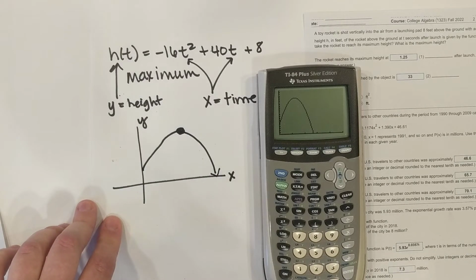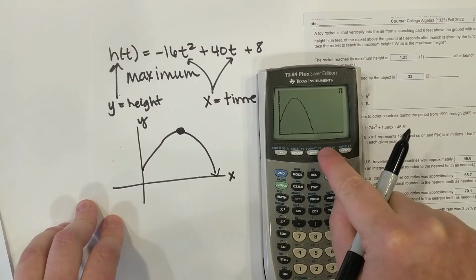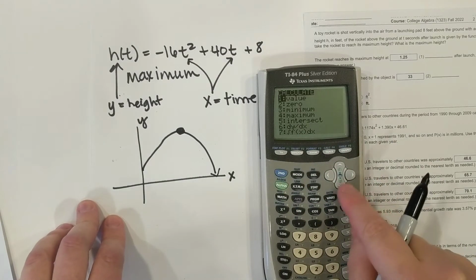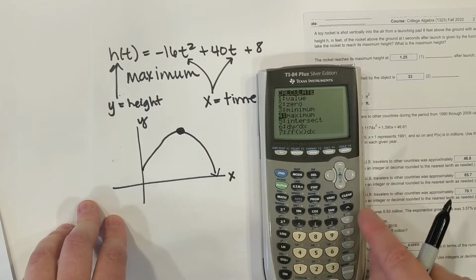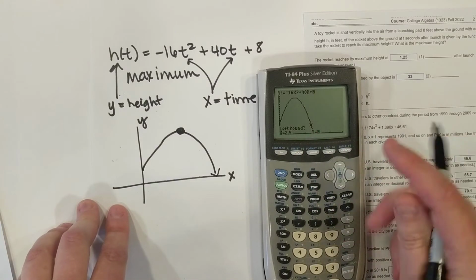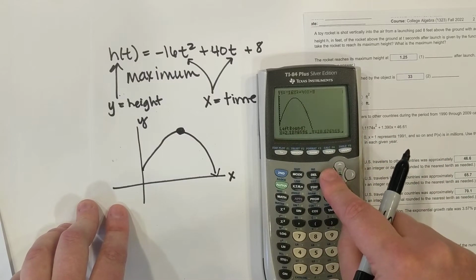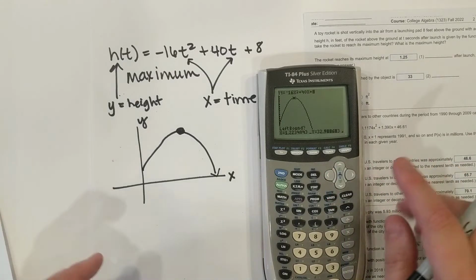All right, so I'll let the calculator do the work for me. I'll go into second calculate, and I'm looking at a maximum value, so that's number 4. And then, of course, left bound would be to the left of that point. So the maximum is somewhere up there.